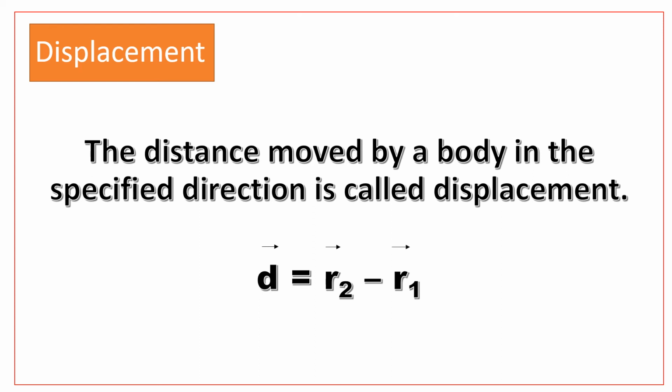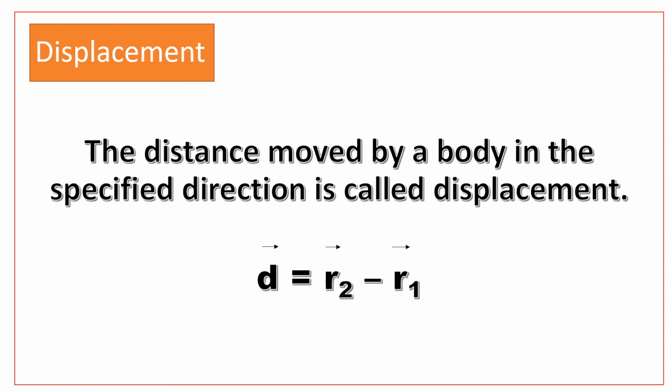So when a body is moved in a specific direction from one point to another, it is called displacement, which is a vector quantity. A vector quantity requires a magnitude and a direction.